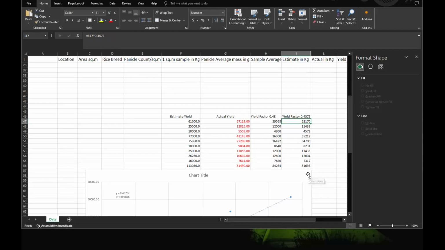Whether you use that or this, because you're dealing in tons, and a farmer is simply looking at this data, he says, does it make sense? Take a look at this one, 51 tons, and this one is pretty close. They're about the same. This and this using 0.48 yield factor is about the same.